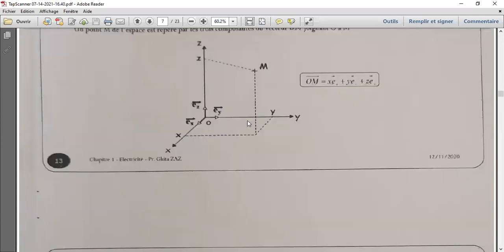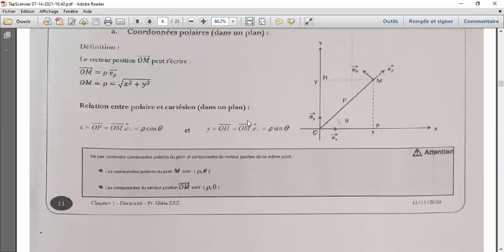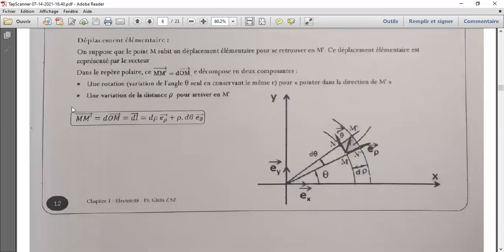Under the déplacement in polar coordinates, we had this formula: d rho e rho plus rho times d theta e theta. And I told you how this comes about.